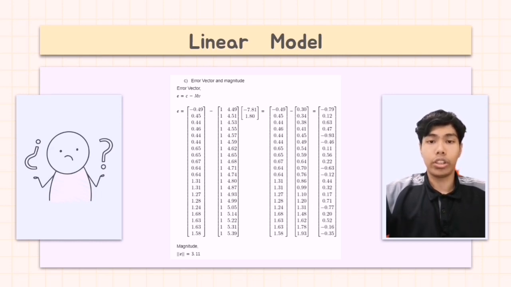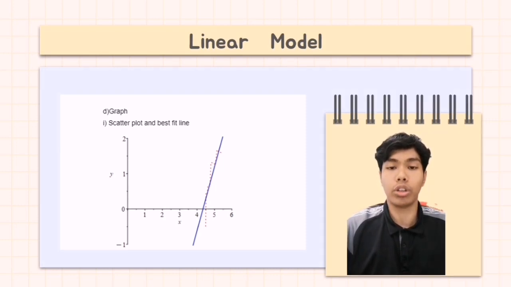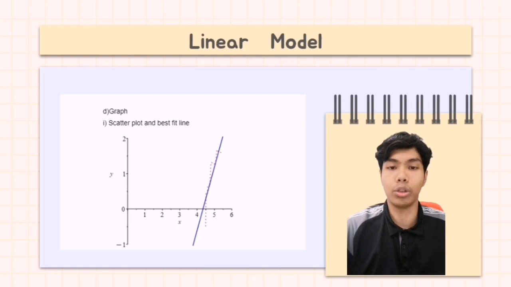From here, you can construct a linear graph using the least square method. This is the graph of the linear model that we solved using the least square method. Here we can see the scatter plot and the best fit line of the linear model.